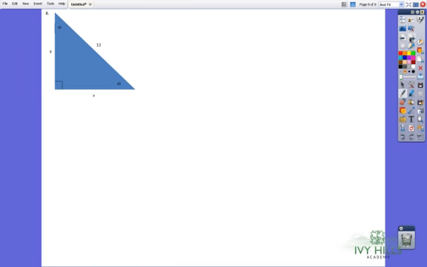And finally, number 8 is also a 45, 45, 90 triangle. So I will use the ratio 1 to root 2. In my diagram, again, I can choose x or y. I'll choose x. Cross multiplying the proportion 1 over x equals root 2 over 12 would give me x root 2 equals 12.